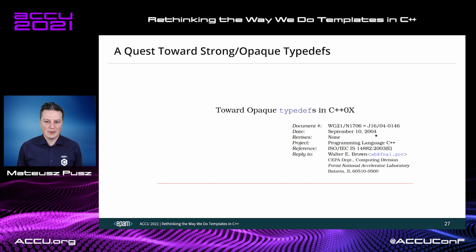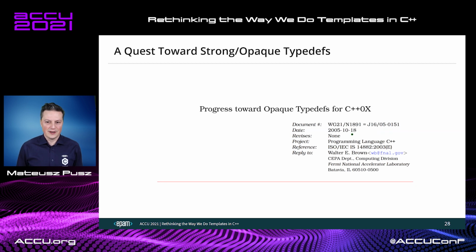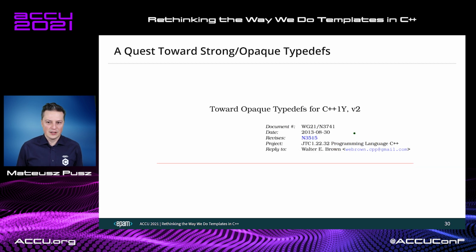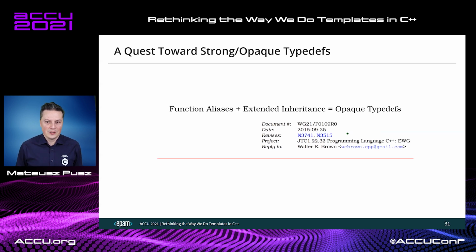The first paper I found about this was in 2004, the next one in 2005, and the next one in 2013, another revision in 2013, but the last one I found is 2015. And after that, the official path of getting strong typedefs into the language stopped.